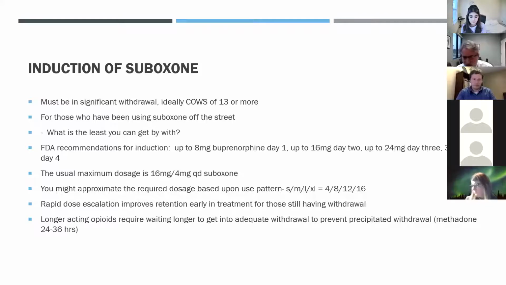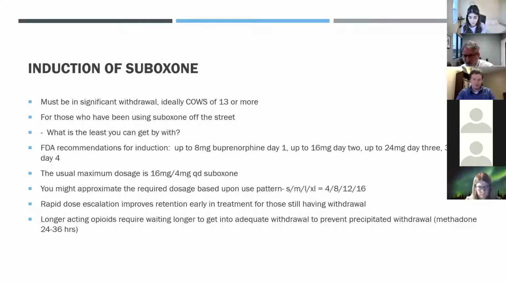It's going to precipitate withdrawal in an individual who's using a full agonist opiate, so they have to be in withdrawal to start the Suboxone. I don't know if you're familiar with the withdrawal scale, the COWS, but usually a 13 or more is a good place to say this person's in enough withdrawal that they can tolerate starting Suboxone.